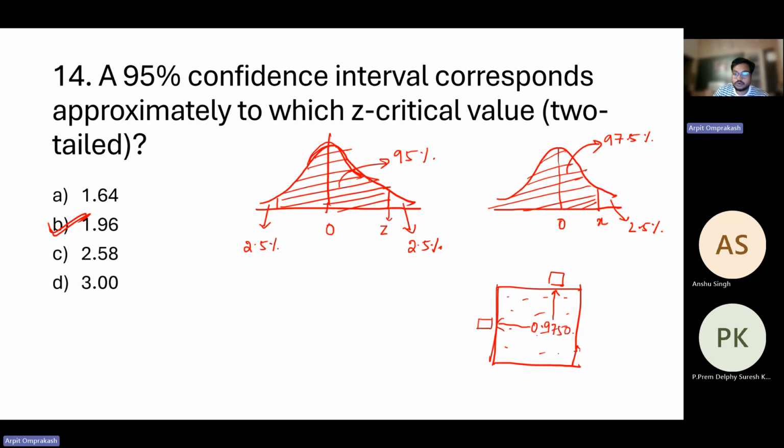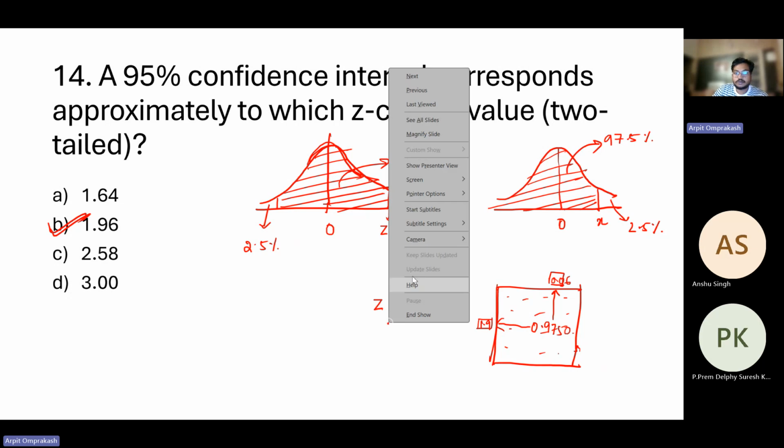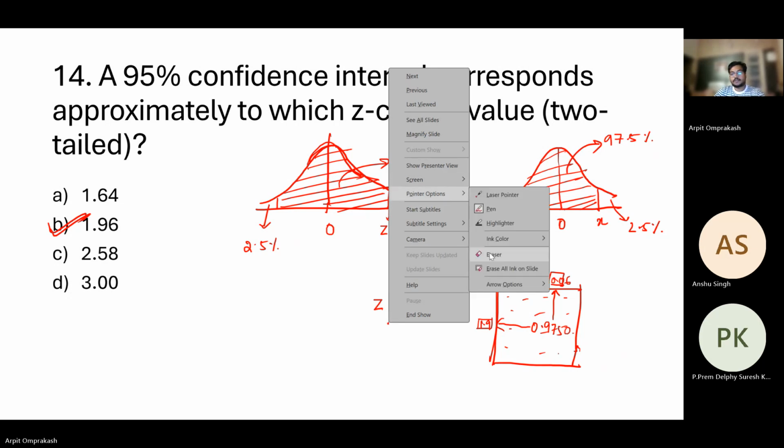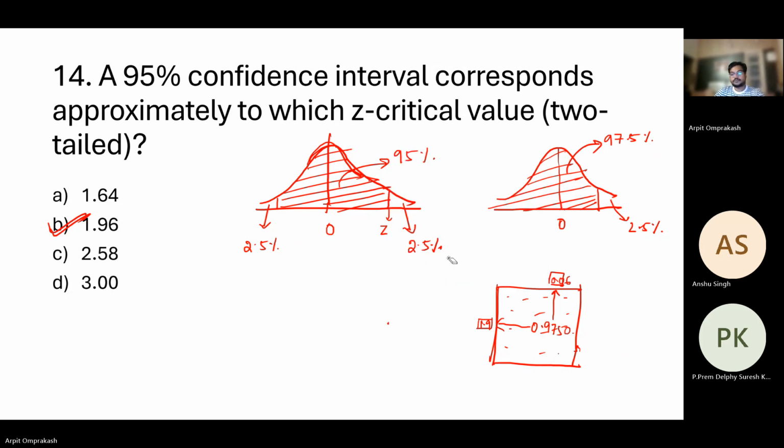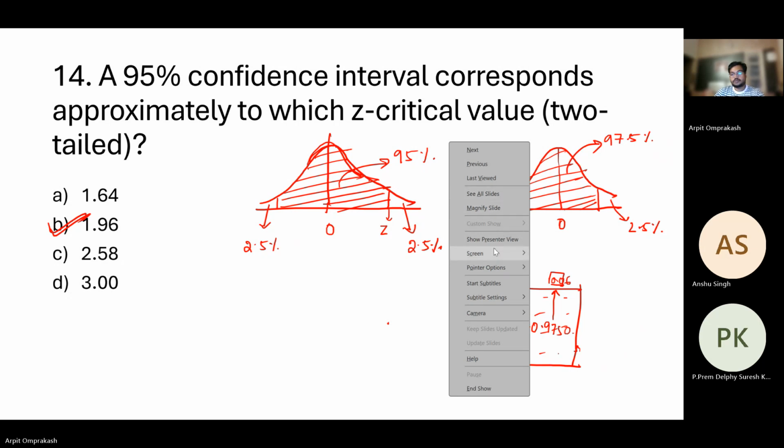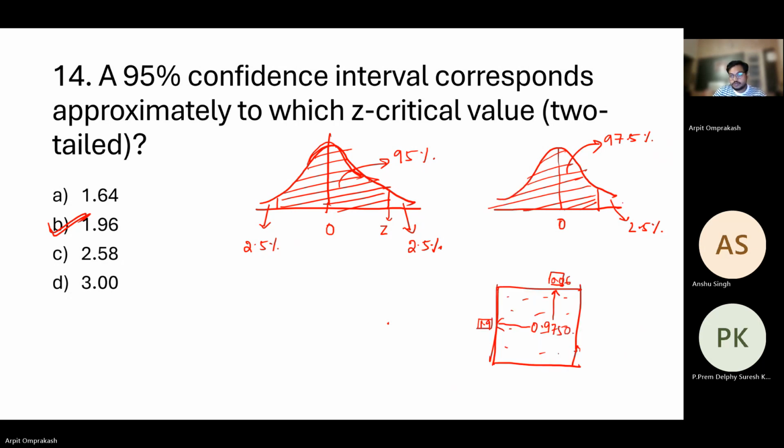If you go to the table and find this value, you will see that here you have 1.9 and here you have 0.06. So the critical z value here will be 1.9 plus 0.06, which is 1.96.